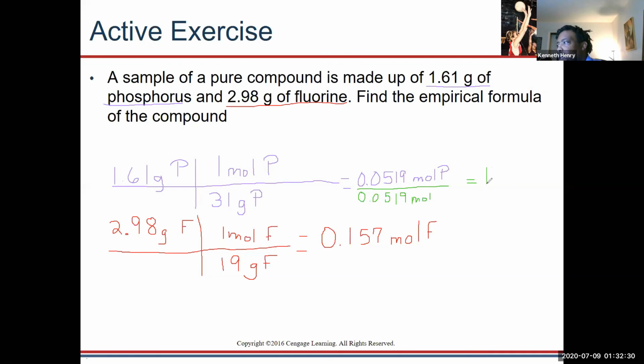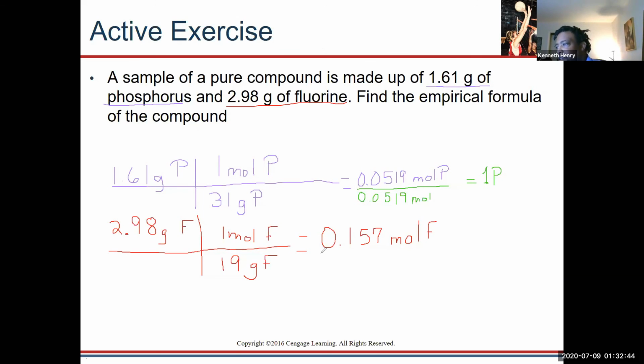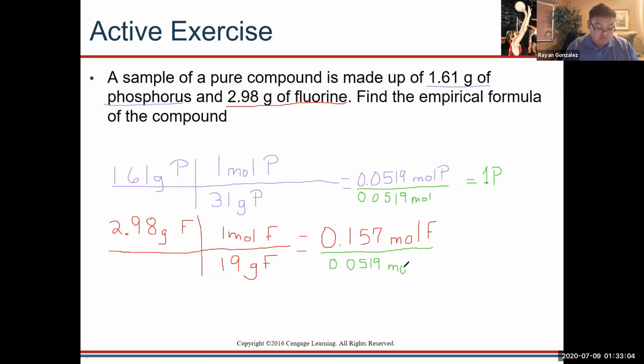So that means that we have 1 phosphorus. Let me make it look like a 1. Does that look like a 1 to you? Yeah. And then this guy, we divide again by that same number. So that would equal 3.01. Remember, we want to try to get a whole number.